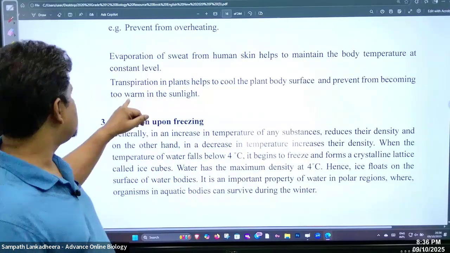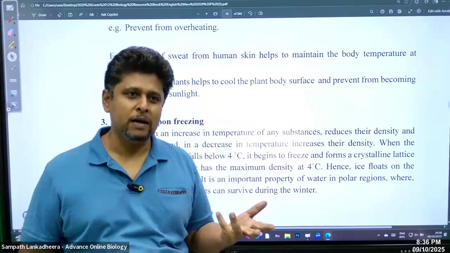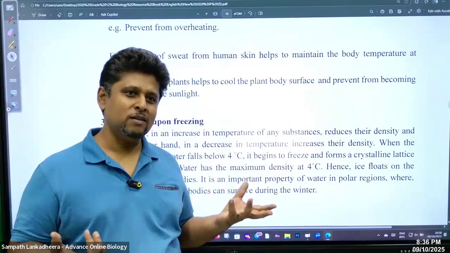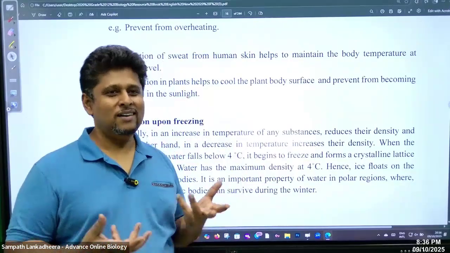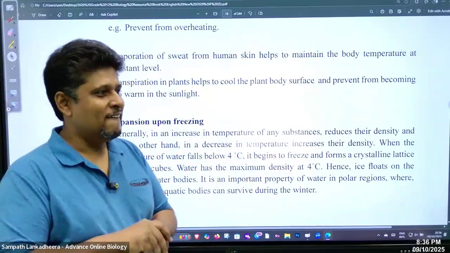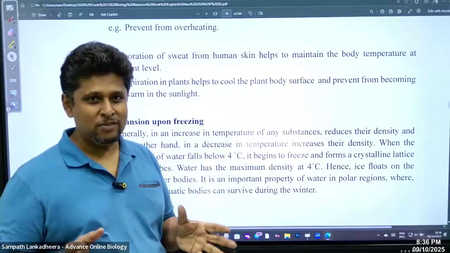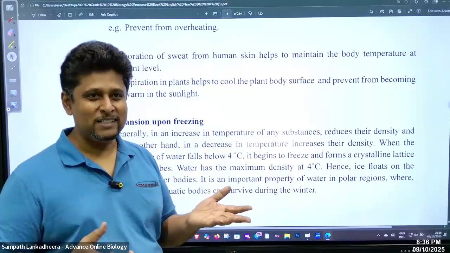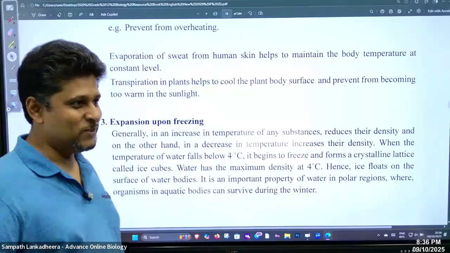Transpiration is evaporation of water from the plant body, and evaporation of water as sweat we call perspiration. So vaporization is something different. You learn the difference between vaporization, evaporation and transpiration. I think you know that, right?